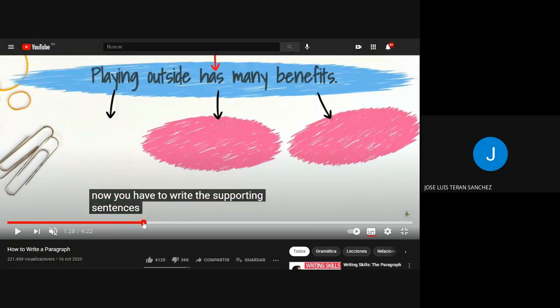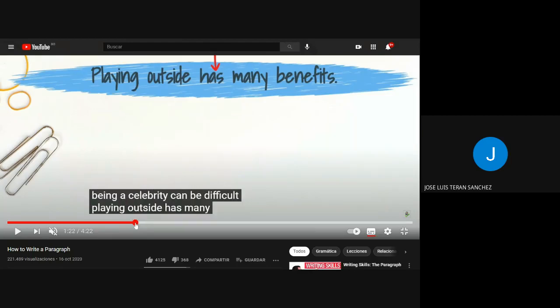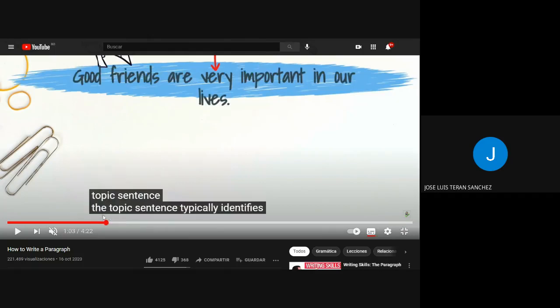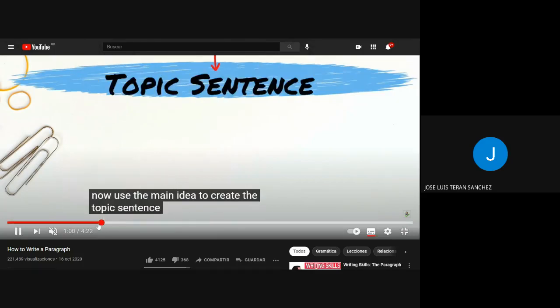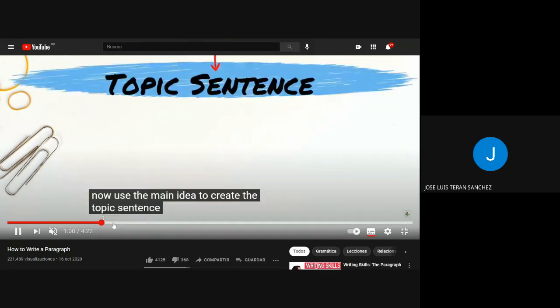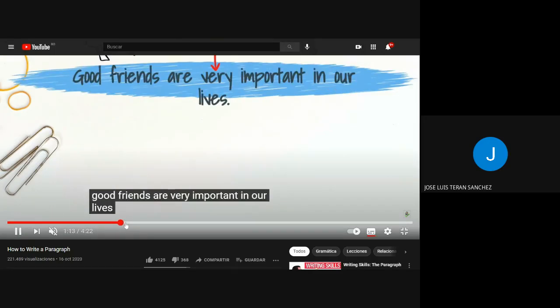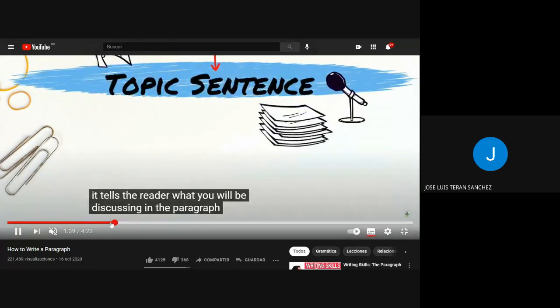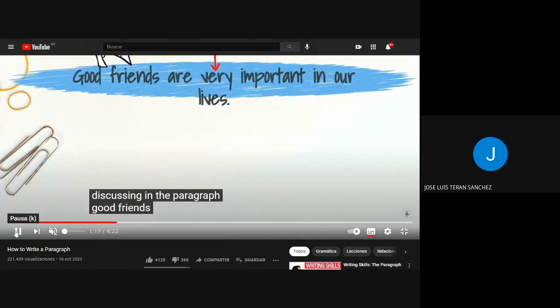I guess it's this part. Now look at here. Okay, the topic sentence, for example, in this main idea. Look, this is the main idea.